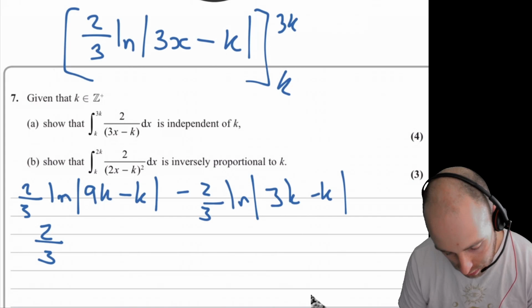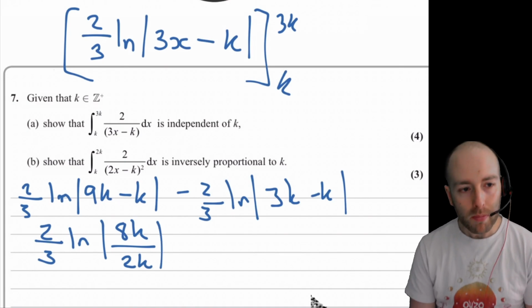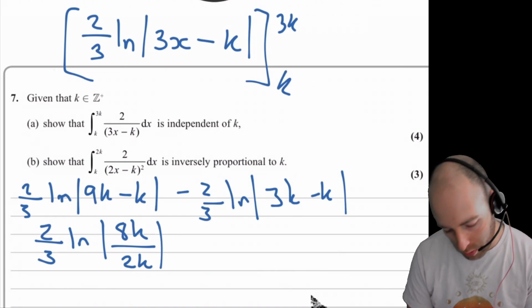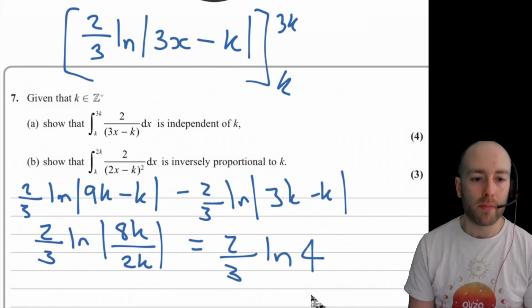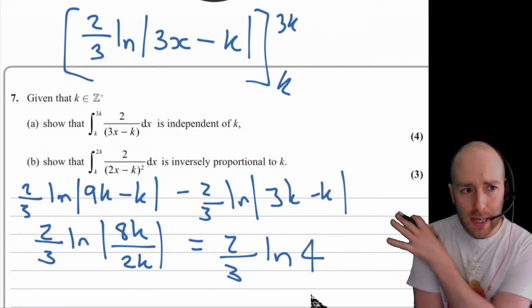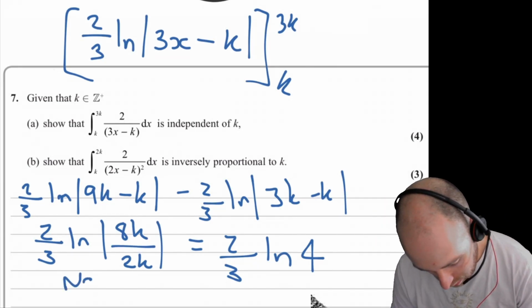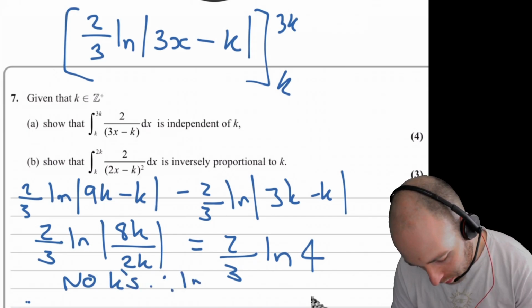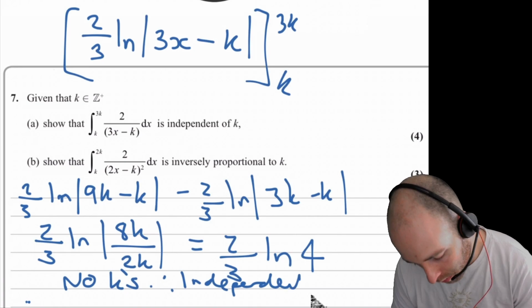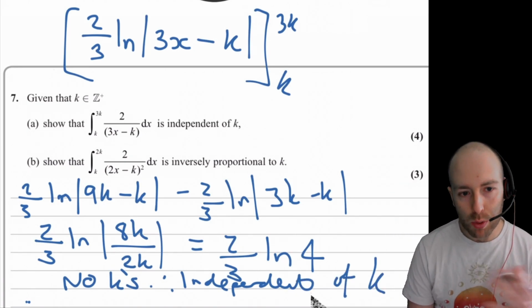So we get 2/3 ln 8k over 2k. K's cancel, 8 over 2 is 4, so we get 2/3 ln 4. Now, there's no k's in the answer, therefore that answer is independent of k. So no k's, therefore independent of k. So that's what it means for the first bit.